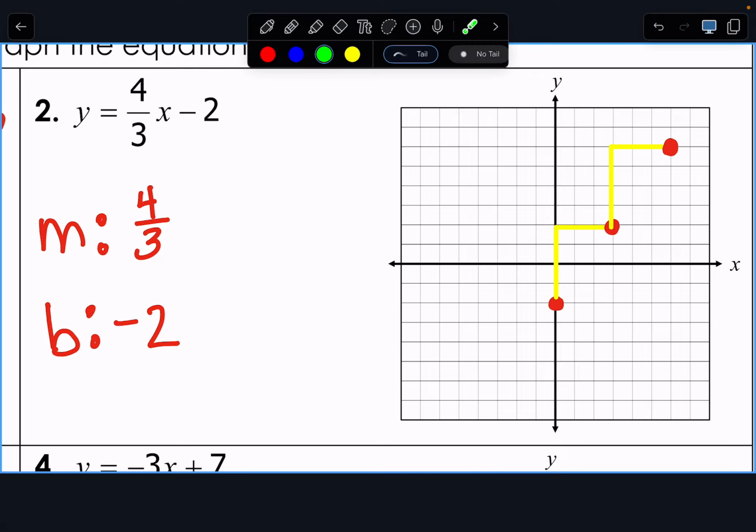Now, what if I'm in a pickle and I can't fit a coordinate and I need to go backwards? If I wanted to find the coordinate that goes down here, how would I count that? Okay, instead of going up 4, right 3, I could go backwards: 1, 2, 3, down 4, and instead of right, go left 3, and there would be my other point.